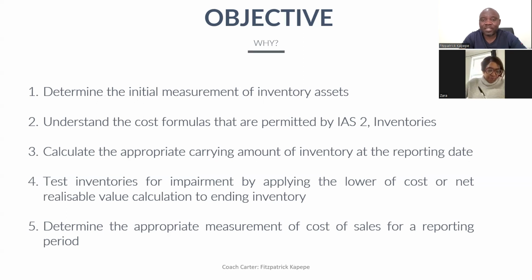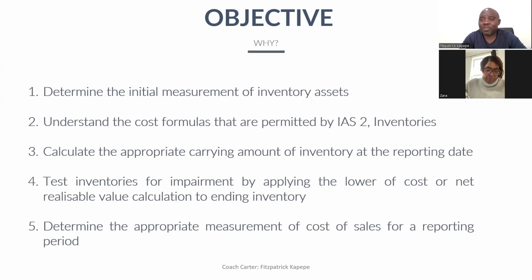So that will be the first thing that we need to do by the time we are done here. You should be able to determine the initial measurement of inventory assets. How do we measure inventory? Second, understand the cost formulas that are permitted by IAS 2, which is basically the standard that guides how we should account for inventory. Third, we should be able to calculate the appropriate carrying amount of inventory at the reporting date.